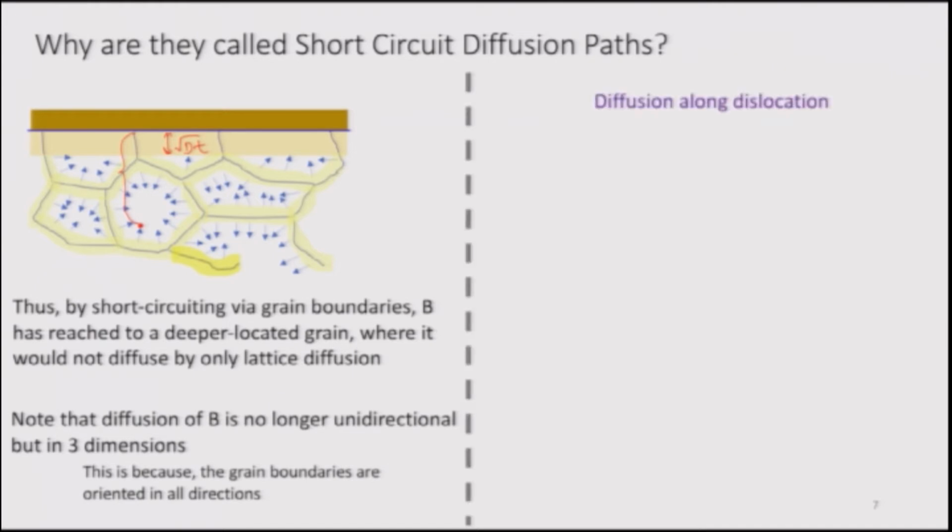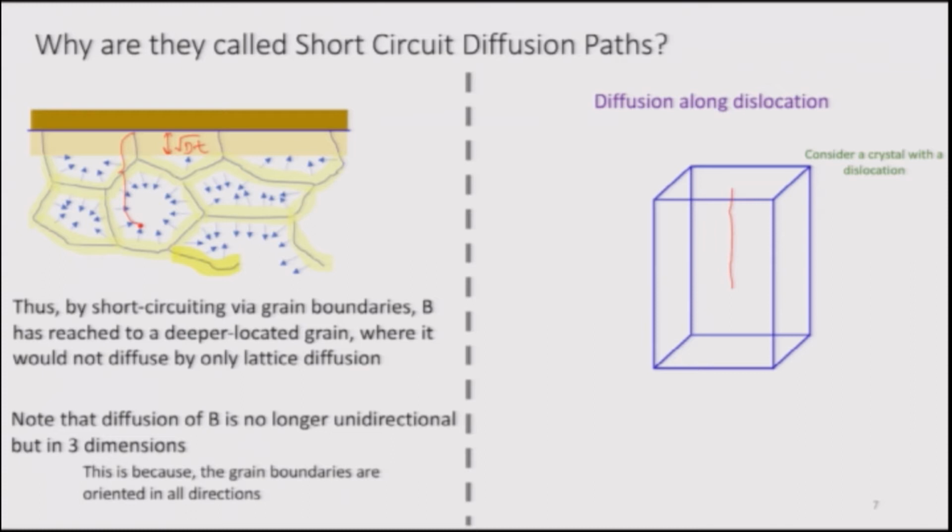We can similarly consider diffusion along a dislocation. I have schematically shown a dislocation line here inside a crystal. One can imagine a small pipe surrounding this dislocation line, and we can imagine the diffusion current to be flowing through this pipe much faster than through the lattice.